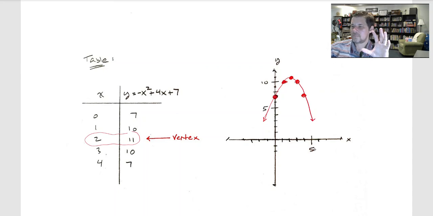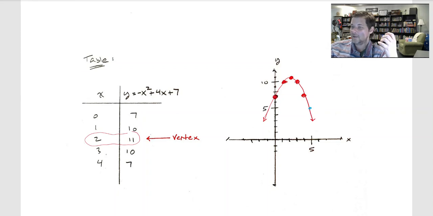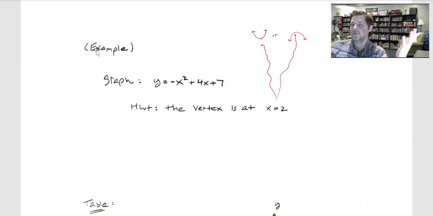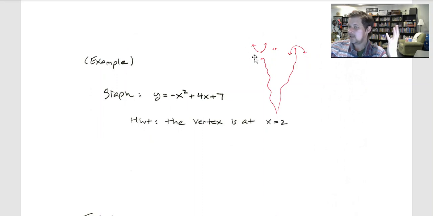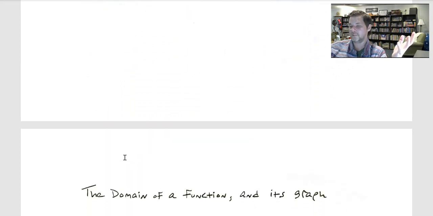Okay, I believe that if I could identify what this point was, it would fit in that equation. That if I could take the x coordinate and plug it in, I would get the y coordinate back out. All right. So when we graph, we might do something like that. We might use some foreknowledge about what the graph is supposed to look like, in addition to some points to fill in the other details.